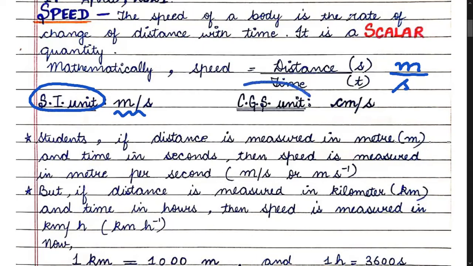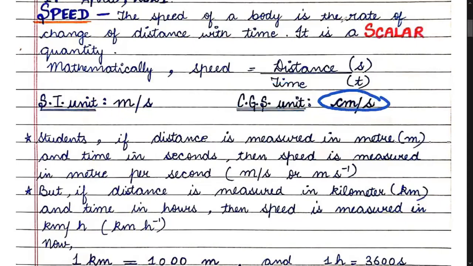And if we talk about CGS unit, children, here CGS, C stands for centimeter, G for gram, S for seconds. So CGS unit of speed is centimeter per second.